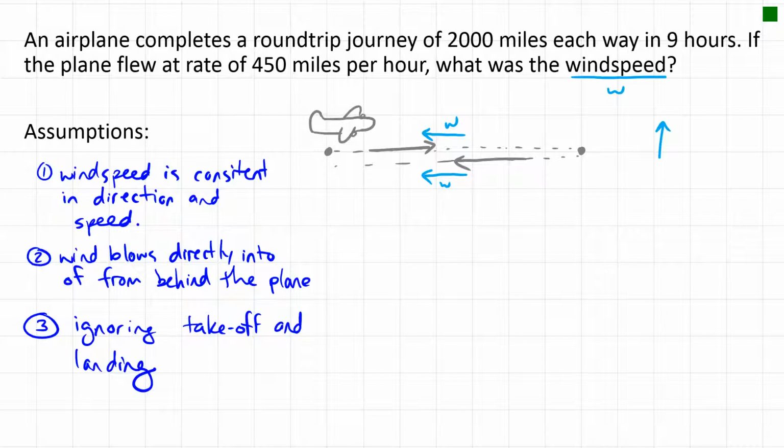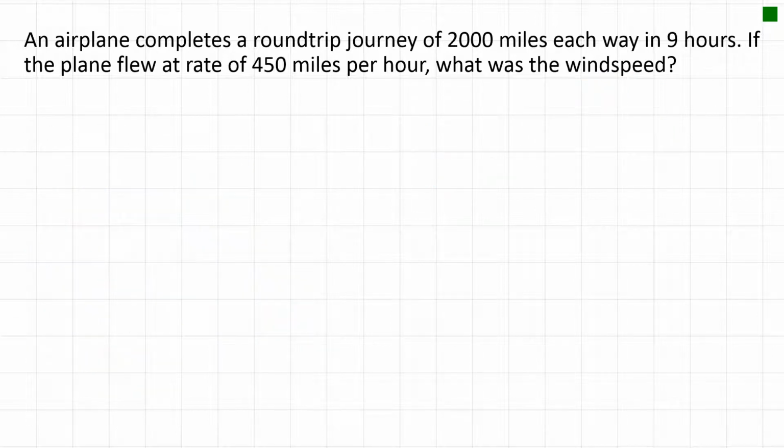And then as it comes into the landing strip where it's landing, it's going to slow down, come to a complete stop, let off passengers, take new passengers on, and then start up again. And we're ignoring the time that it's on the tarmac and the amount it has to speed up and slow down at these different times, and we're just assuming that it's going at a constant speed the whole time. And now that we are through on those assumptions, we're ready to get to the problem solving.